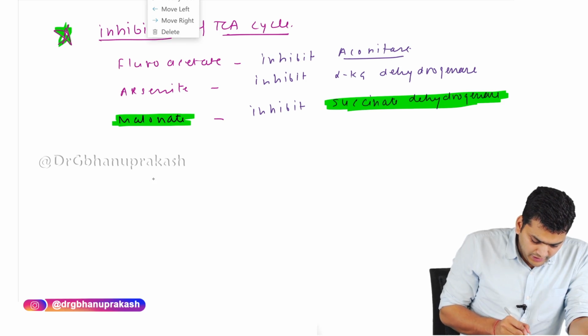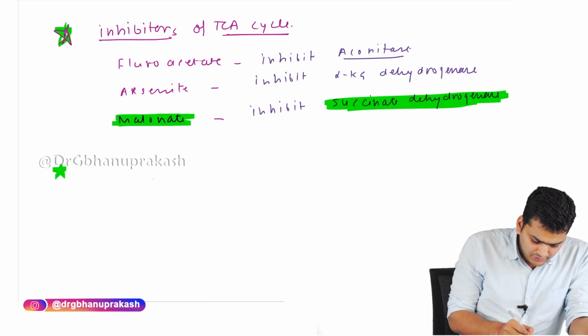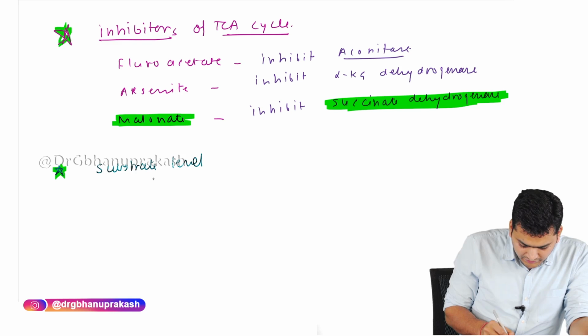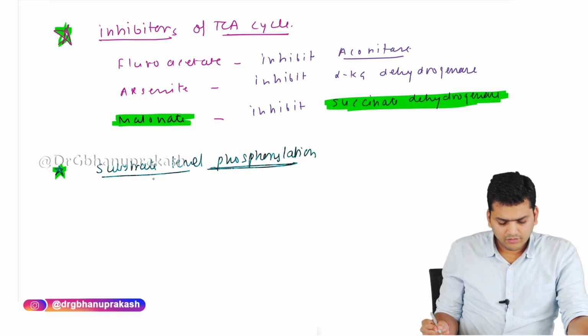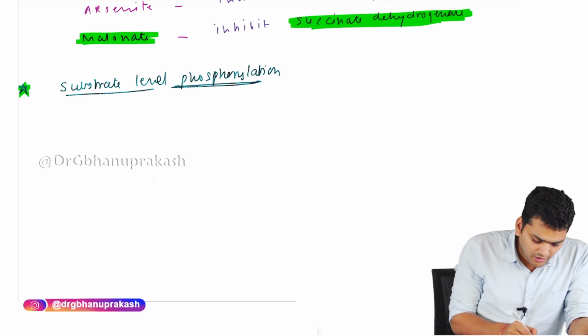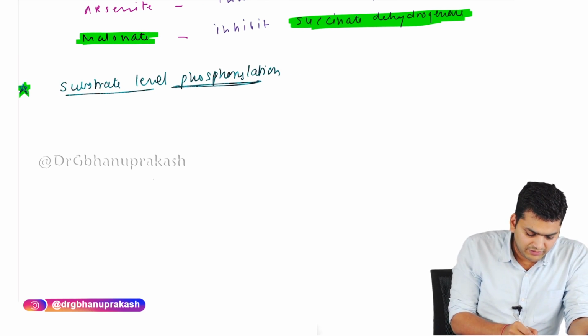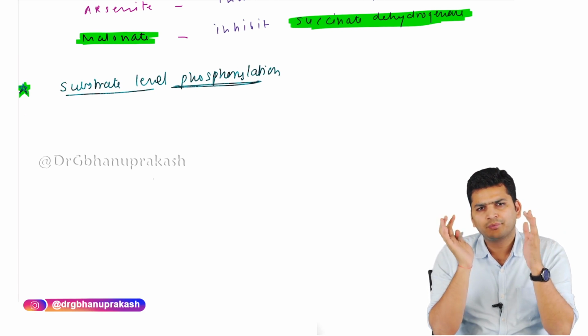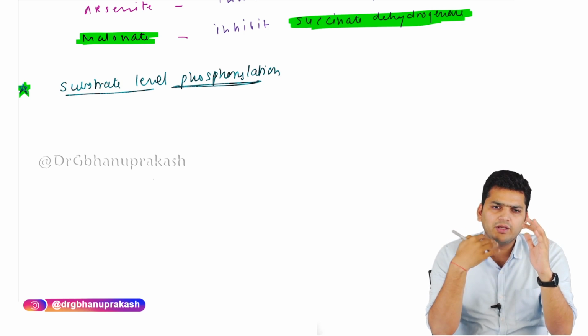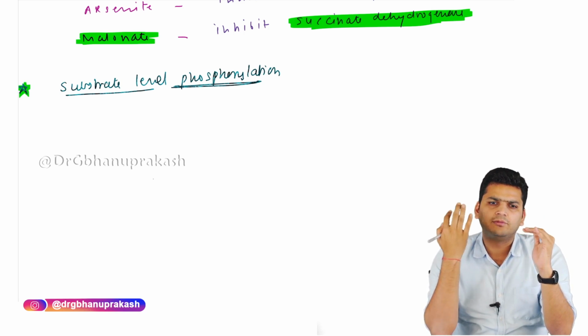Then the next point that we need to remember is the substrate level phosphorylation, SLP. We discussed in the glycolysis video that substrate level phosphorylation means whenever we generate the energy directly in the form of ATP.